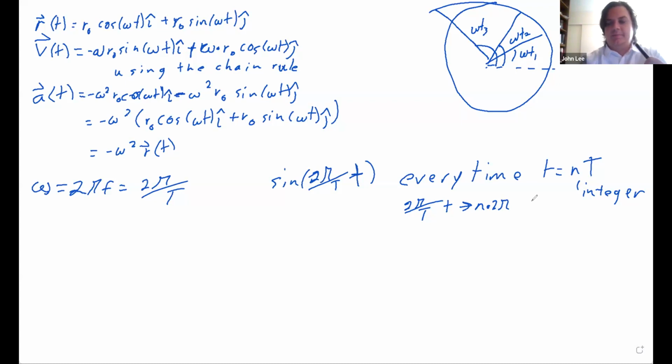So the period just tells you how often you start repeating the cycle. So that is what omega is mathematically.